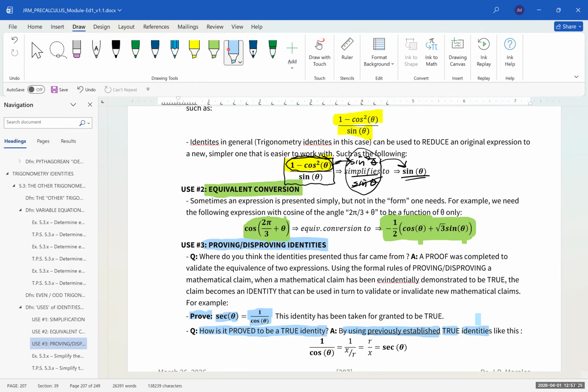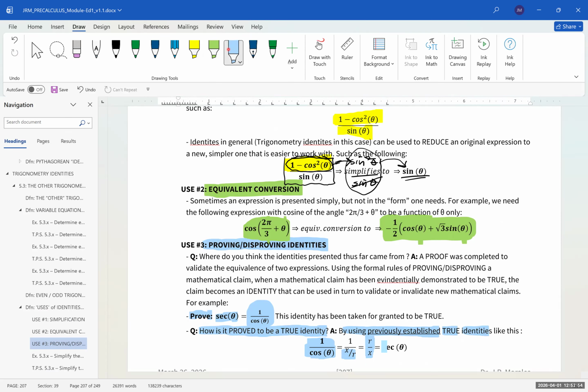So for example, if we start with 1 over cosine theta, and we know that cosine theta is x over r. So we have a fraction of 1 over x divided by r. And now if we get this denominator fraction and move it up to the numerator by just flipping the fraction, then we get r over x.